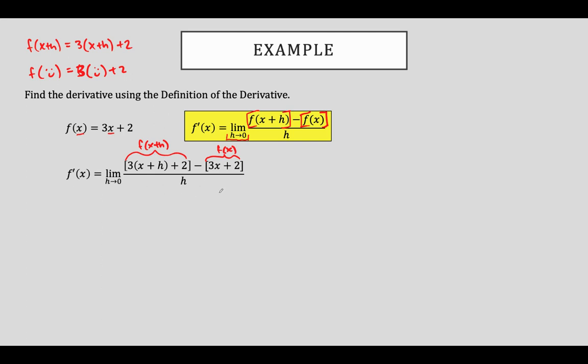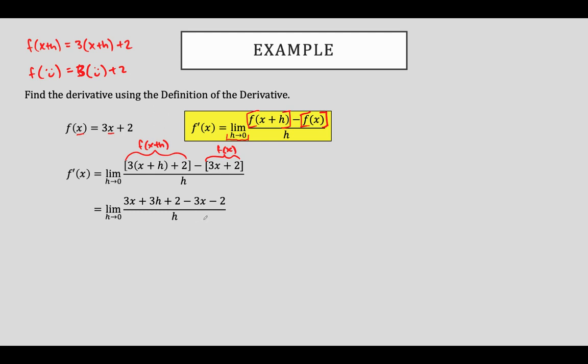So, to find the derivative, we just need to simplify and evaluate this limit. Let's begin to do some algebra. We can begin by distributing this 3 and distributing the negative into each term for f of x. This gives us 3x plus 3h plus 2 minus 3x minus 2, divided by h.